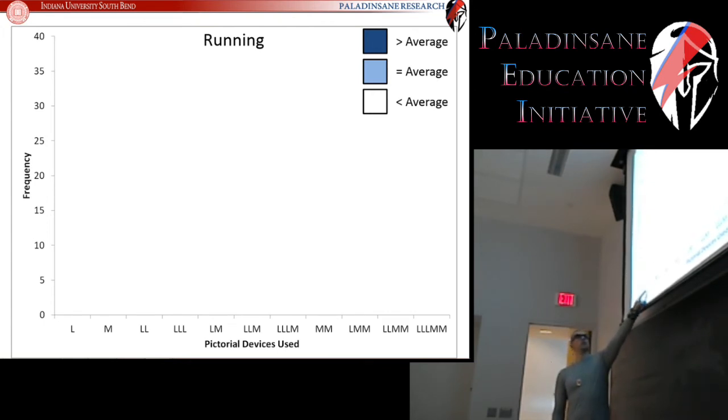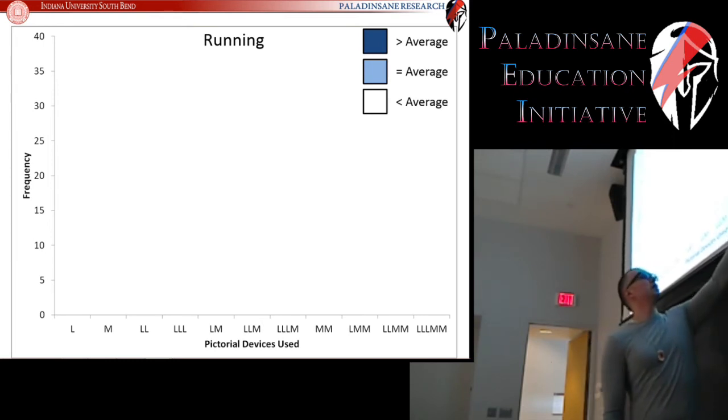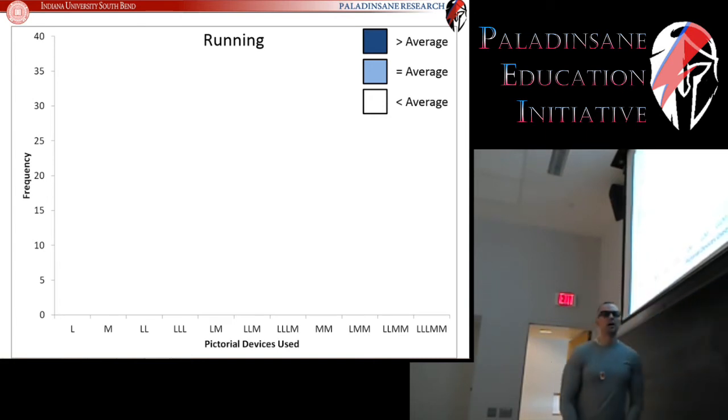So this would be pictures that had one literal device. So you just showed the ground plane, or you just showed orientation. This would be one metaphorical device. This would be pictures that only had two literal devices, three literal devices, one literal, one metaphorical, two literal, one metaphorical, all the way up. This one over here, two metaphorical, all the way up to the ones that used multiple metaphoricals and the ones that used all five devices.